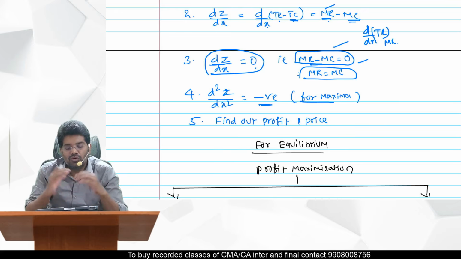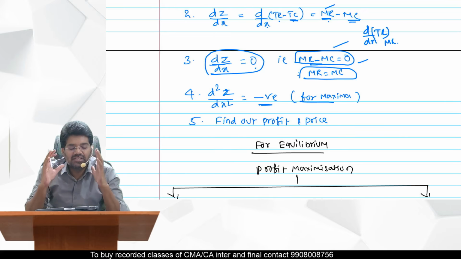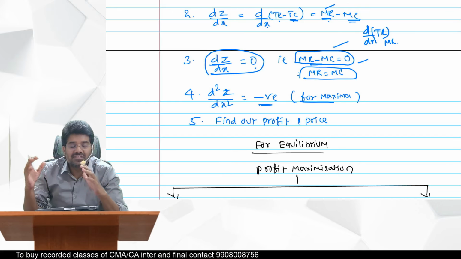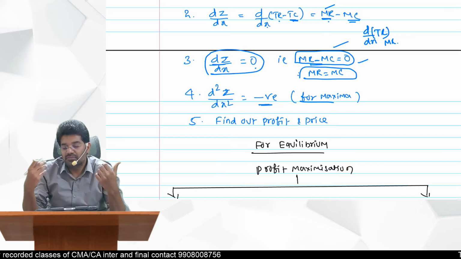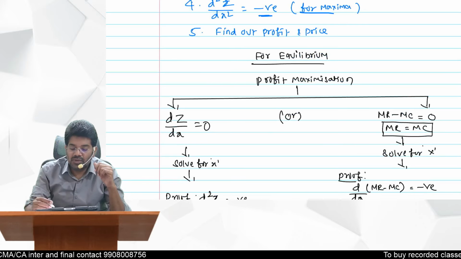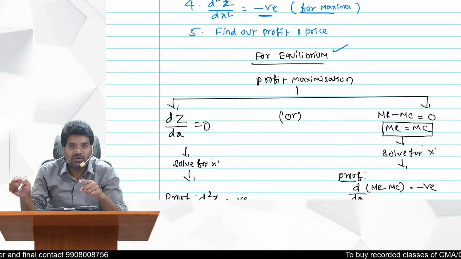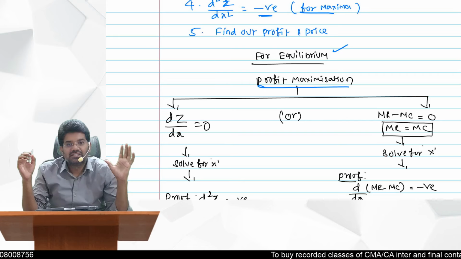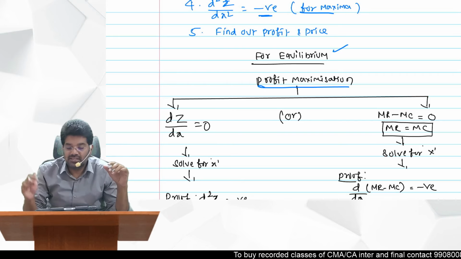The only thing you should know is that equilibrium means at what price competitive firms should fix to get the maximum profit. So whenever they ask for equilibrium in a question with a single variable, that is nothing but profit maximization.